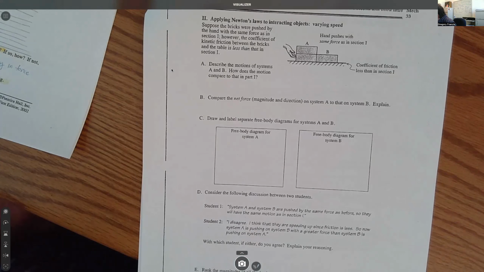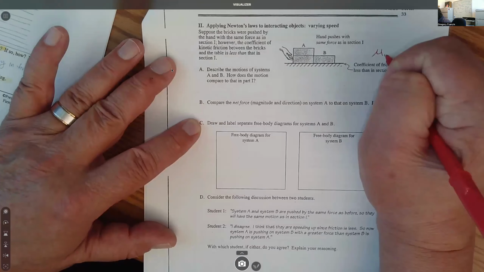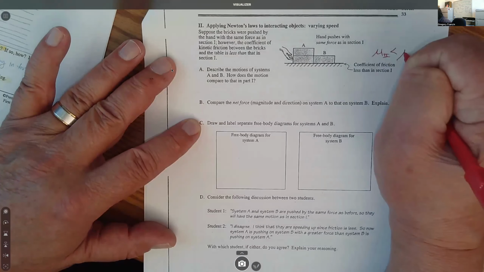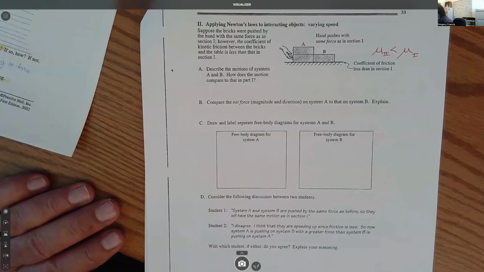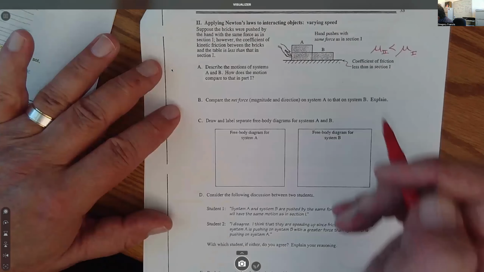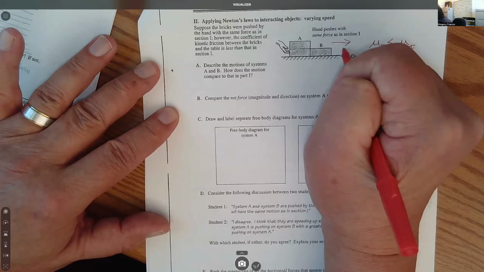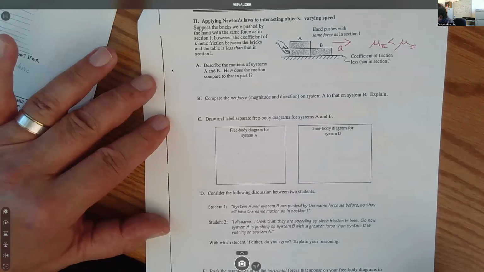But now with that polished table, so that the coefficient of friction in part 2 is less than the coefficient of friction in part 1, instead of having constant uniform motion, the systems are going to speed up. We're going to have an acceleration to the right.